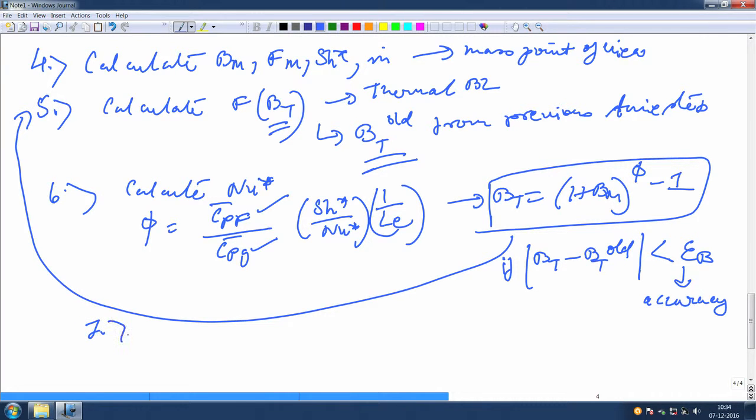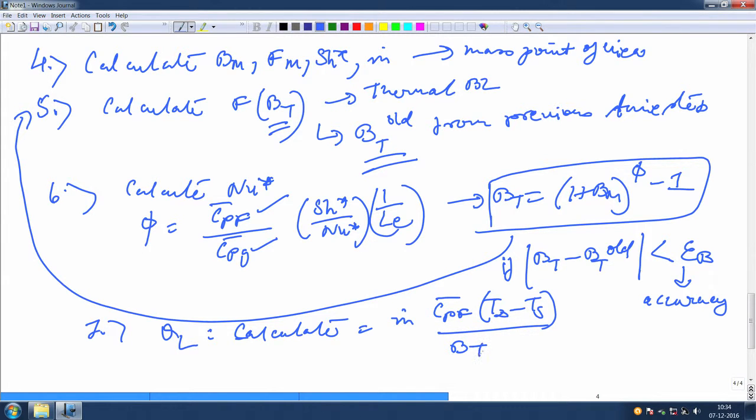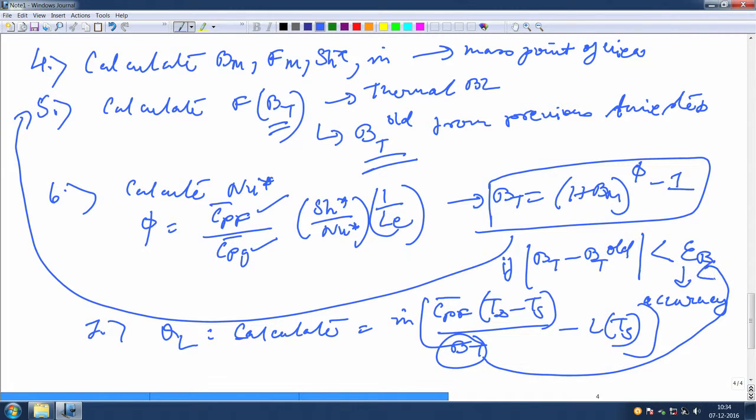Then the 7th step is you calculate Q_L, which is basically nothing but m dot C_pf, if you recall, divided by B_T minus L_TS, using the value of B_T that you got from the previous iteration.